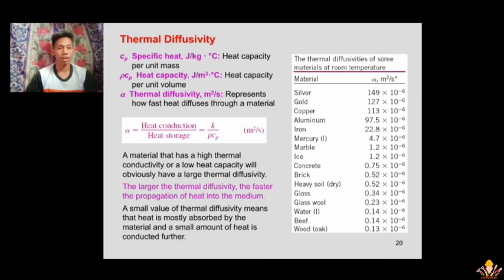It represents how fast heat diffuses through a material. So this is the equation of the thermal diffusivity. It is equal to heat conduction over heat storage. The larger the thermal diffusivity, the faster the propagation of heat into the medium.